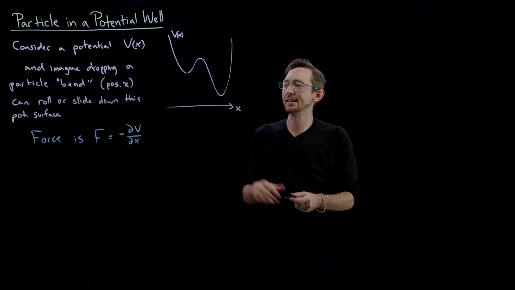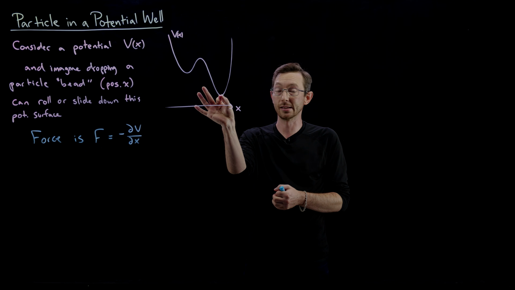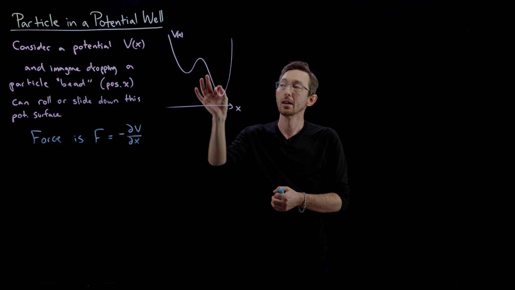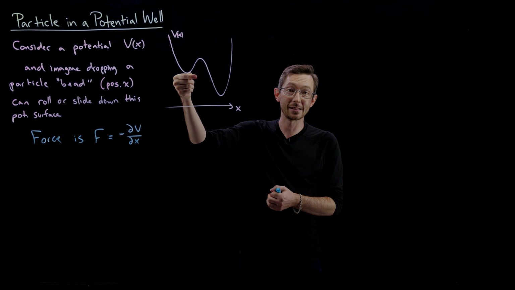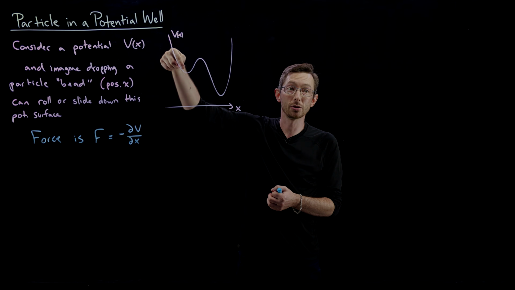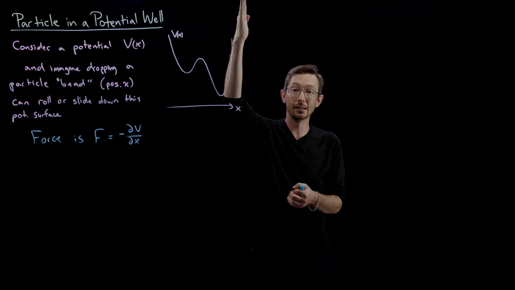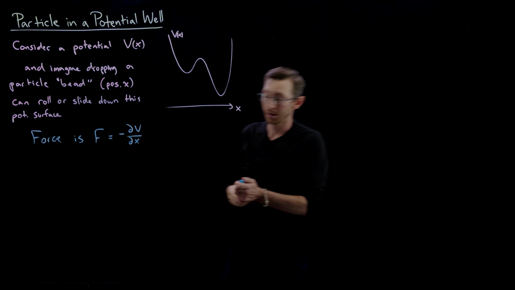And this basically says that if this gradient is 0, there's no force moving it, so it stays put. This is a fixed point. When it's flat, there are 3 fixed points here. And when the gradient's not 0, then the force is proportional to how steep this potential is. So the steeper this is, partial V partial x, the more force accelerating it down.